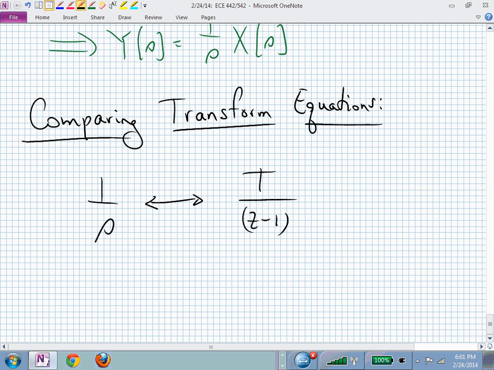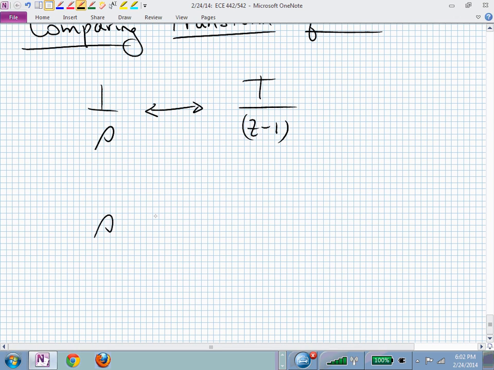Well, it might be kind of weird always thinking in reciprocal terms, so let's just invert both sides so that we now have a way of comparing s and z, or s is now this quantity z minus 1 over T. And that's now our way of finding a discrete equivalent using the forward numerical integration approach.